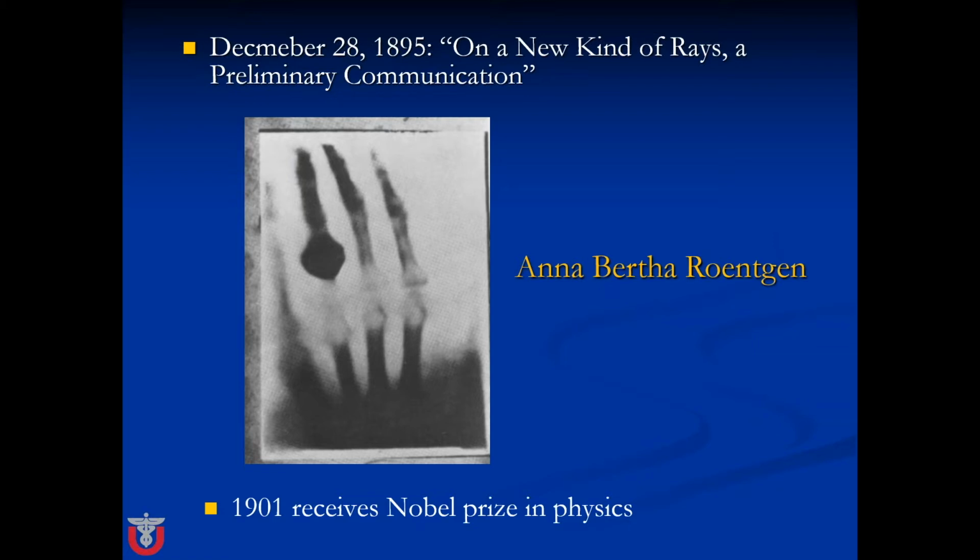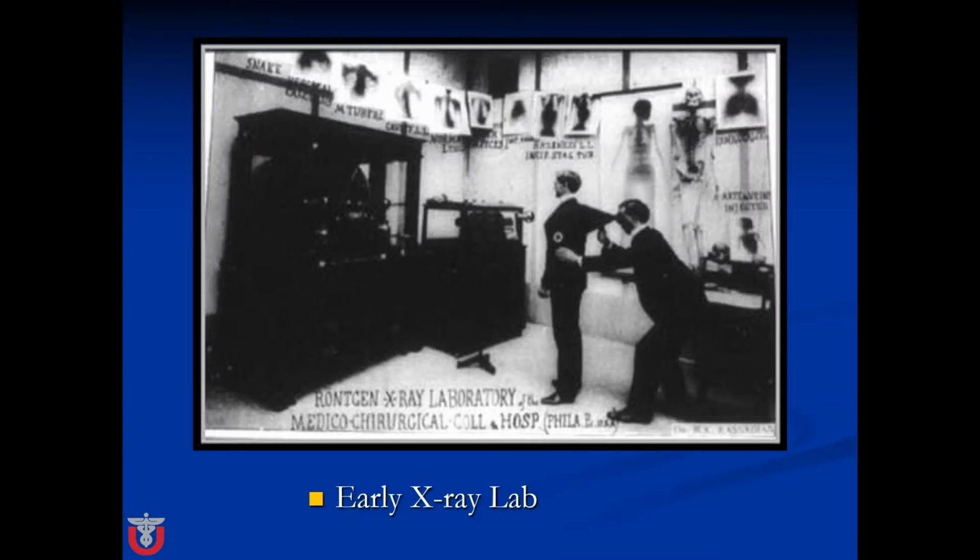No other scientific advancement has hit as big on the public scale ever as X-rays did. Not only in the medical community, but in the populace. So here's one of the first X-ray labs. This was in Philadelphia. This was circa about 1900.